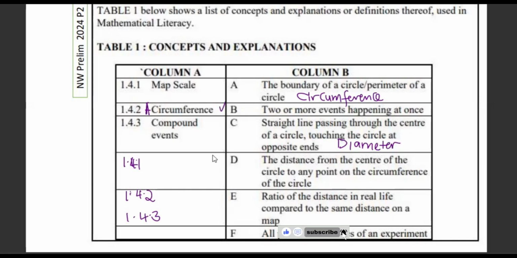If it's from the center, then we have the radius. The distance from the center of the circle, this is what we are saying, half the diameter, radius. A ratio of the distance in real life compared to the same distance, this is a scale. Scale, then all possible outcomes of an experiment. Probability.